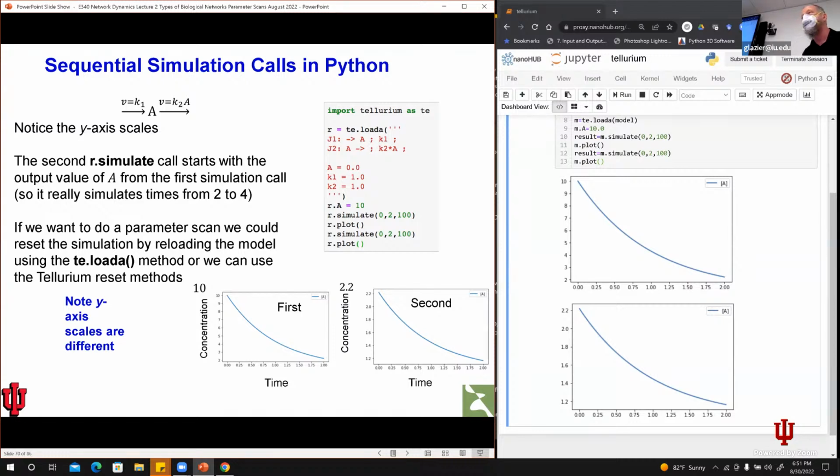This is useful because if I want to run the simulation for a while, see what it did, do something to it, and then continue it, I don't have to reload all the values. They're there for me. On the other hand, if I want to keep changing the value of A and starting over, it's more of a problem, because instead of continuing things, I want to go back to the beginning.